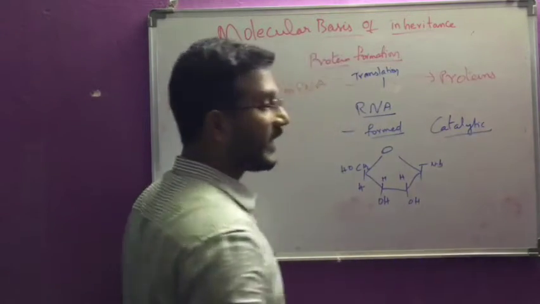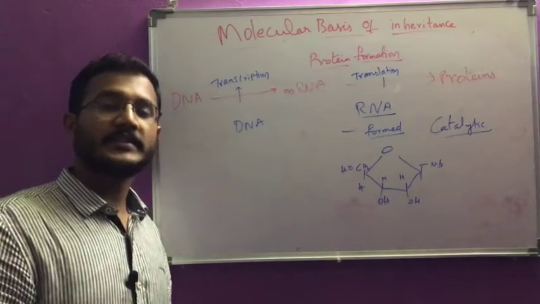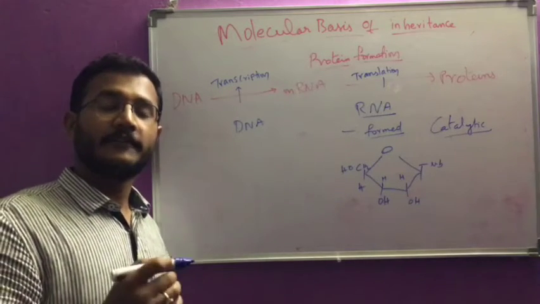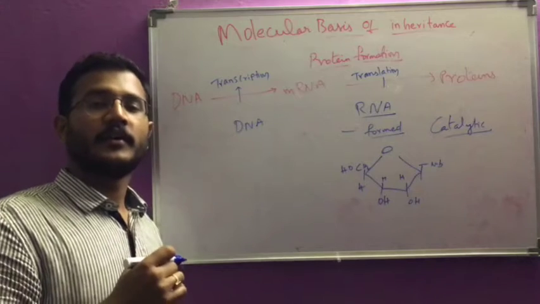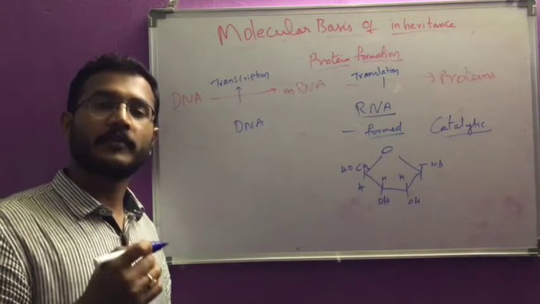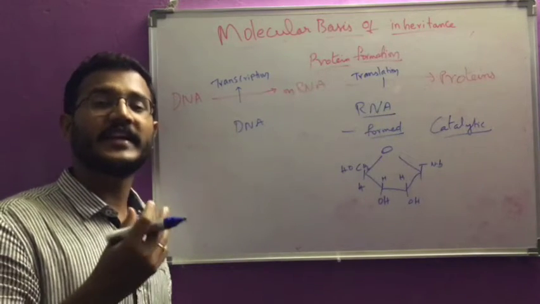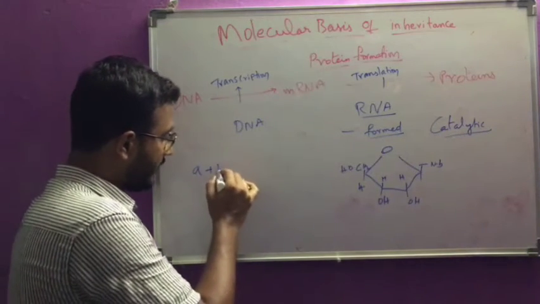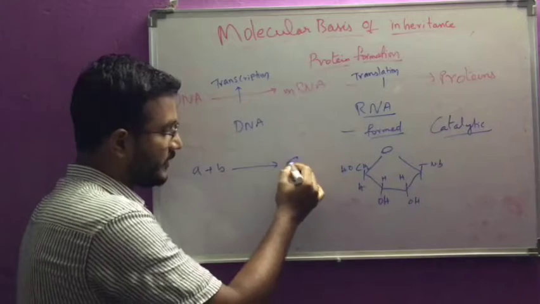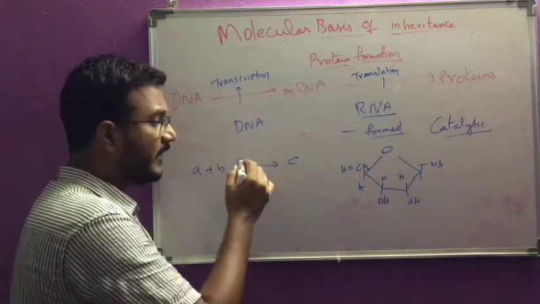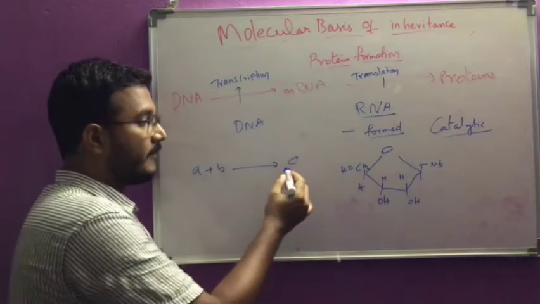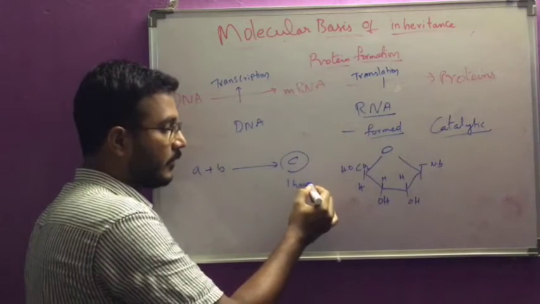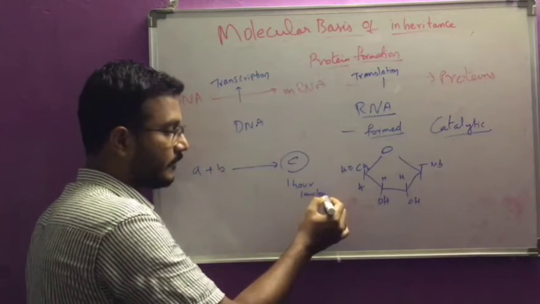Catalytic property. What is catalysis? If a reaction happens with the help of a catalyst, it will increase the rate of reaction. For example, A plus B gives C. If there is no catalyst here, in 1 hour one molecule is formed.